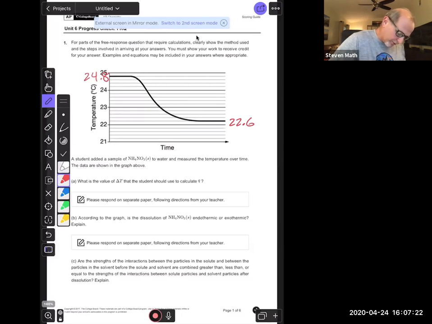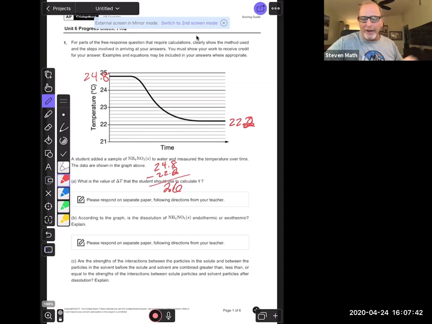So what's delta T? 24.8 minus 22.2. I've got a 2.6 temperature change. I don't think anybody's having too much trouble with that one.